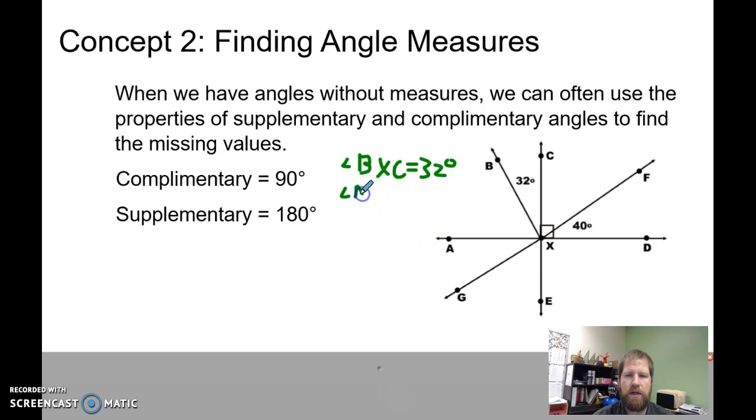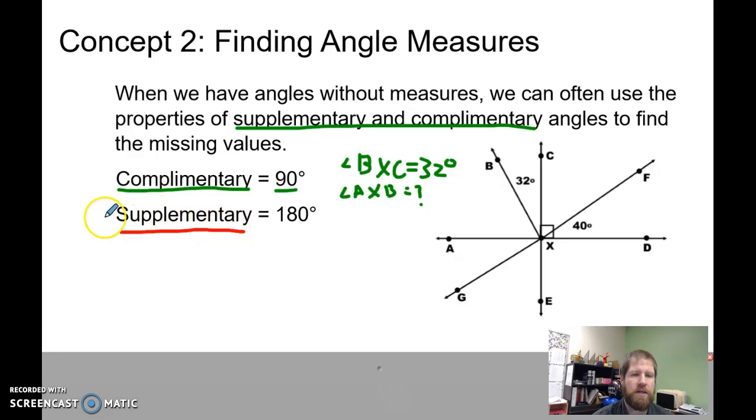So angle AXB, we don't know, okay? So how do we figure that out? Well, we're going to use the properties of supplementary and complementary angles. The idea that two complementary angles will equal a 90-degree angle, and two angles that are supplementary with each other add up to 180 degrees.